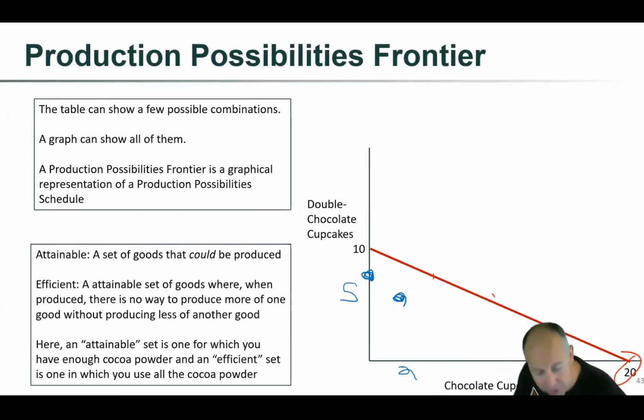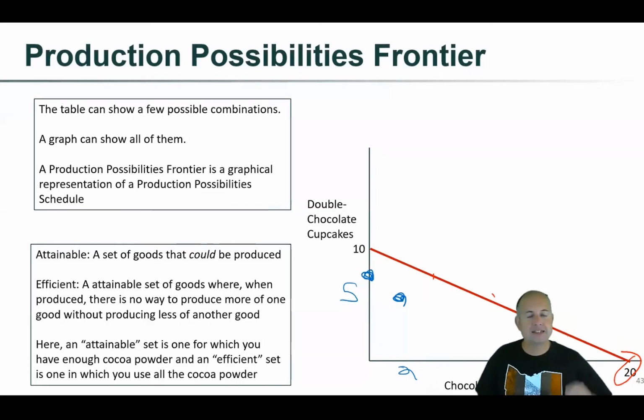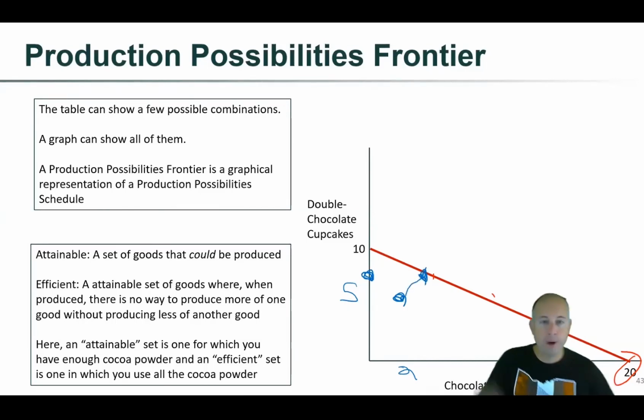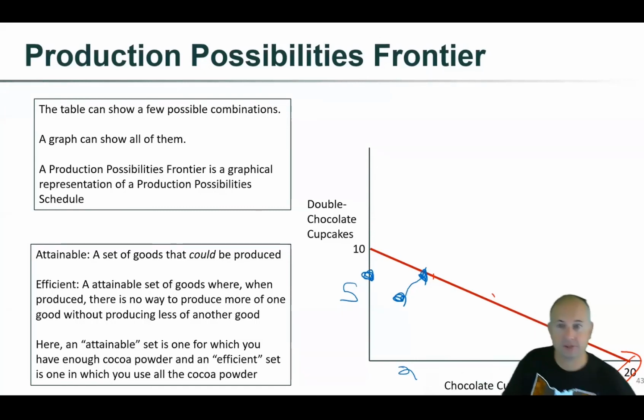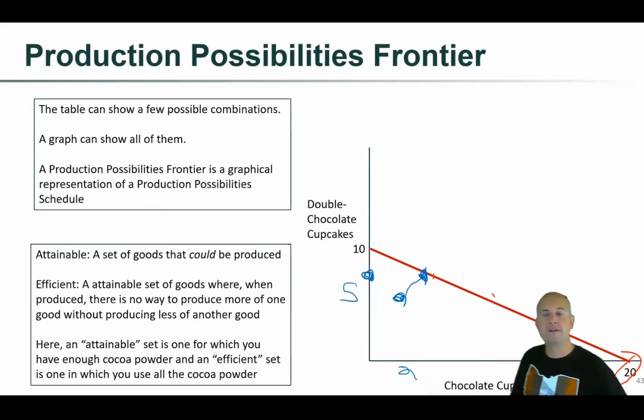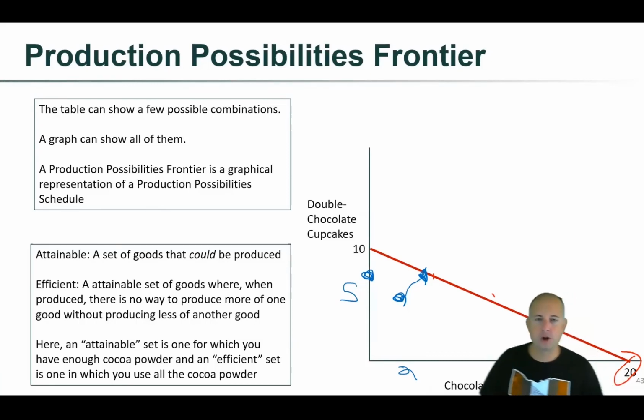If we think about this point right here, this is attainable. However, it is not efficient because if you're here, you're leaving some of your cocoa powder unused. You could instead produce more of both goods and wind up there. So here, an attainable set is one for which you have enough cocoa powder, and an efficient set is one in which you use all of the cocoa powder.